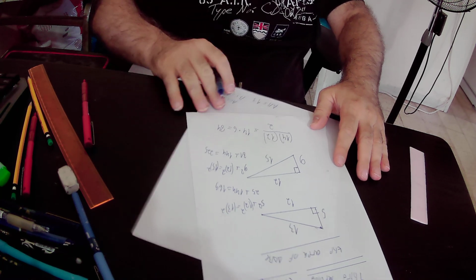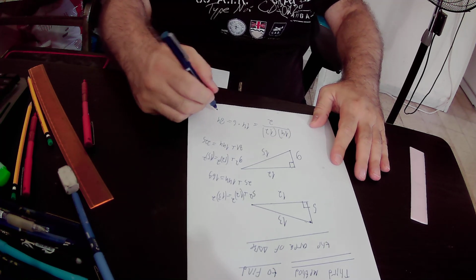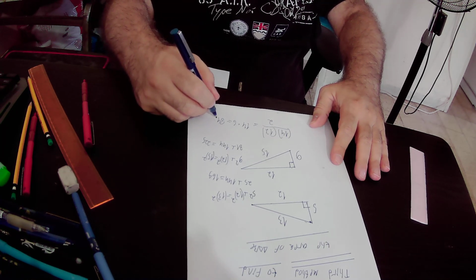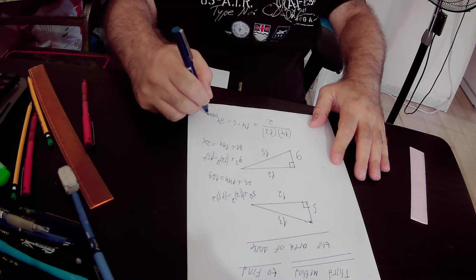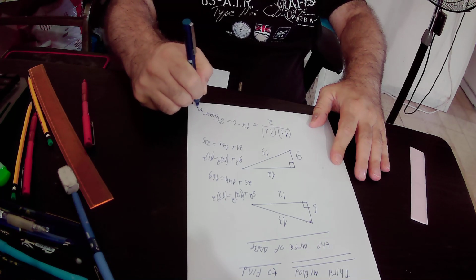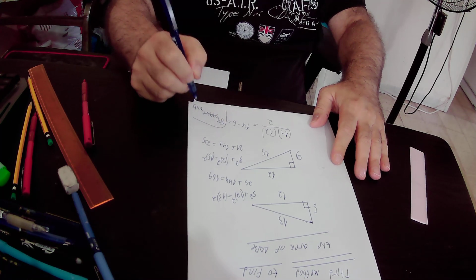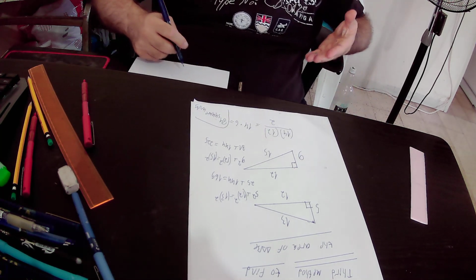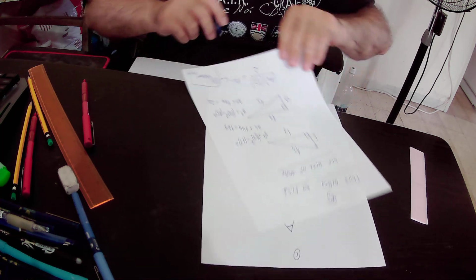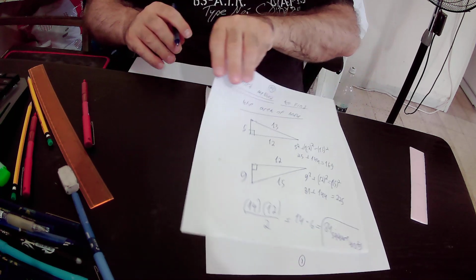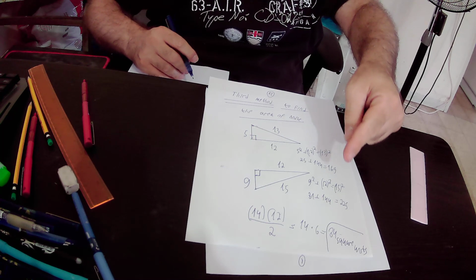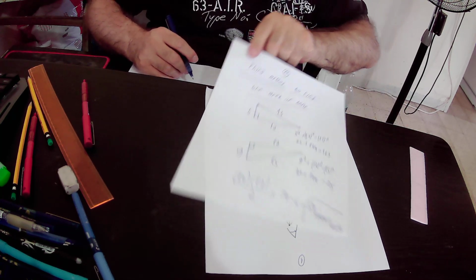So the area of triangle ABC equals 84 square units. So we actually proved in the third method that the area of triangle ABC equals 84 square units.